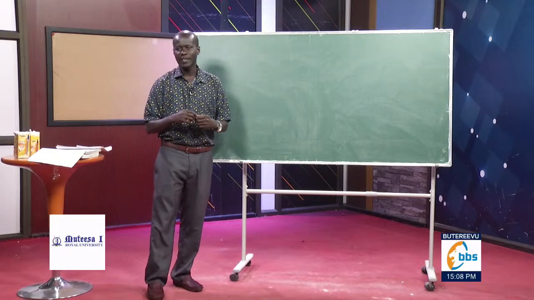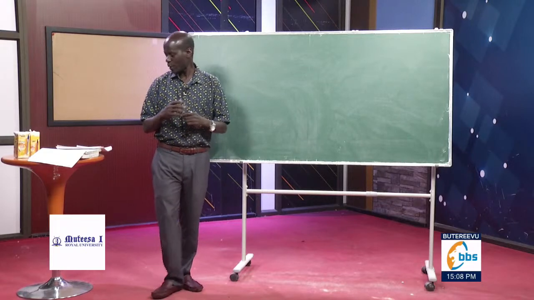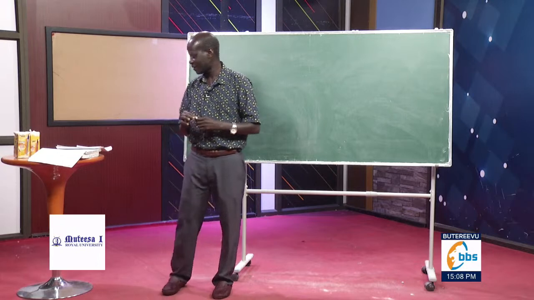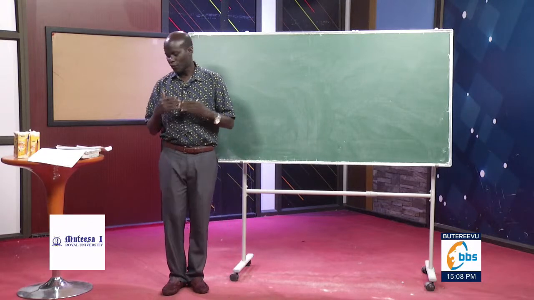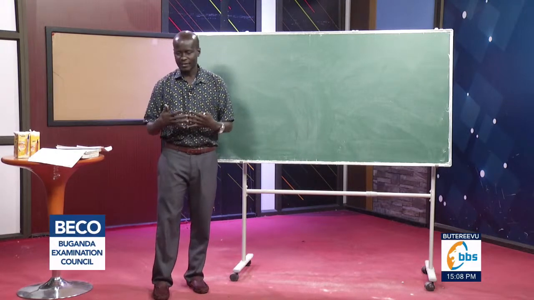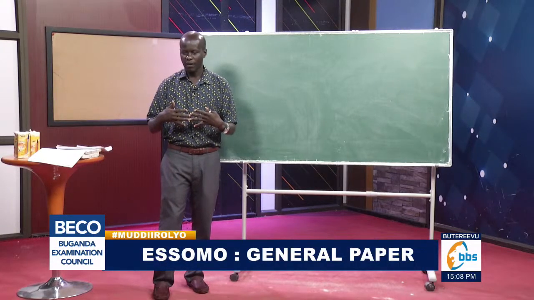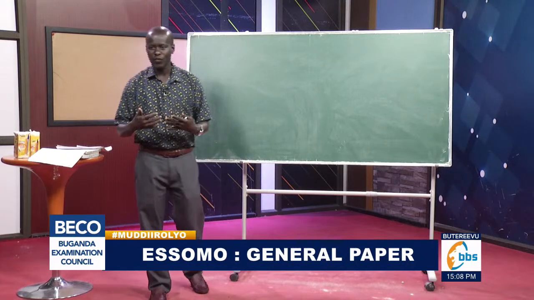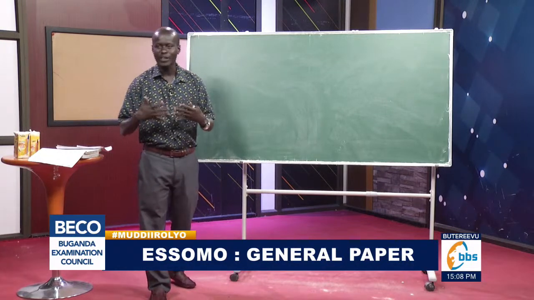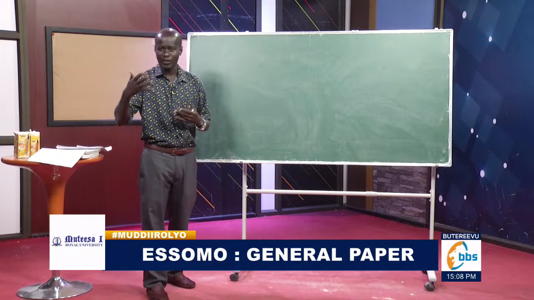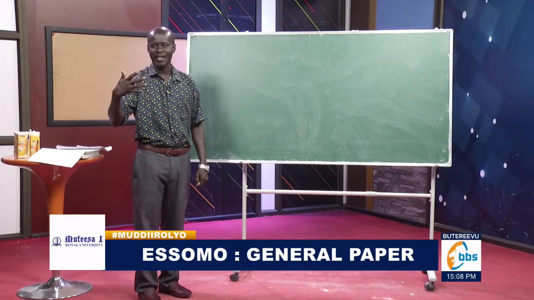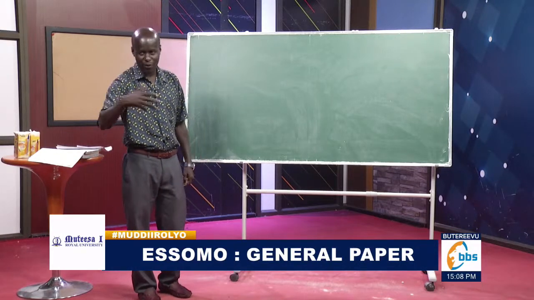Why is general paper in place at A-level? General paper is in place to further understanding, develop the knowledge of the students, and also to prove that the students are in position to use their own common sense to understand many issues around themselves.